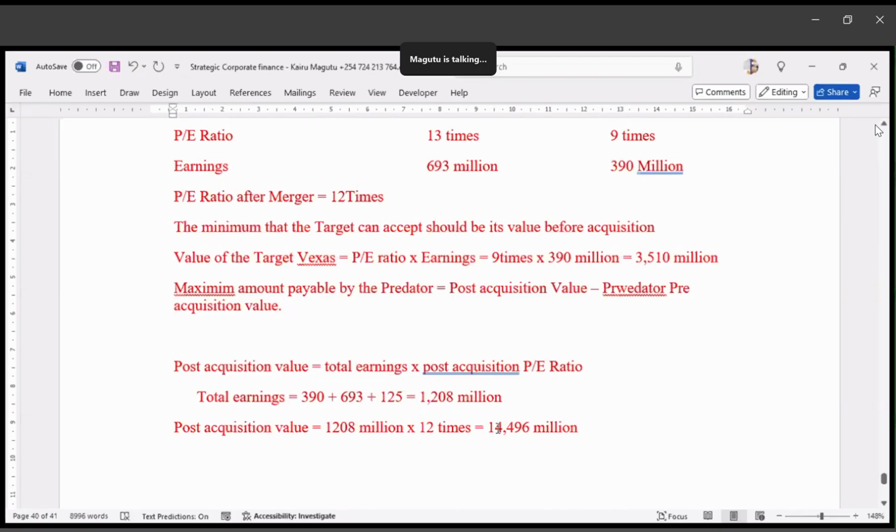Then the predator value before merger is equal to the price earnings ratio multiplied by the earnings.